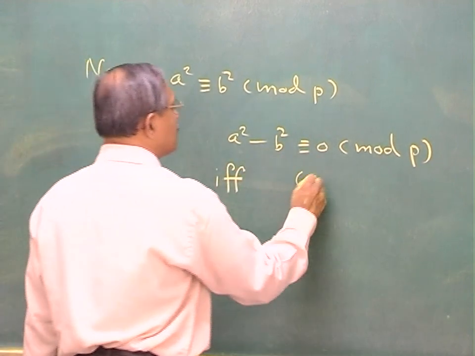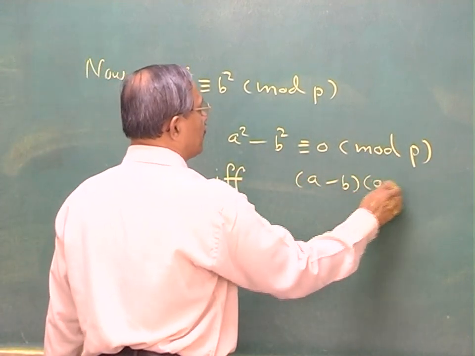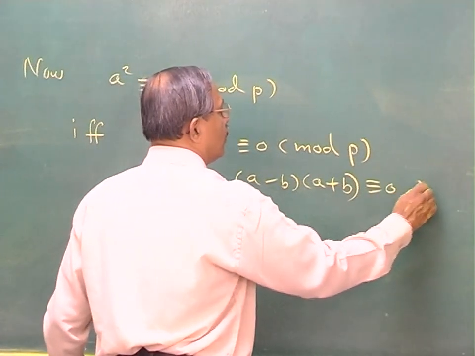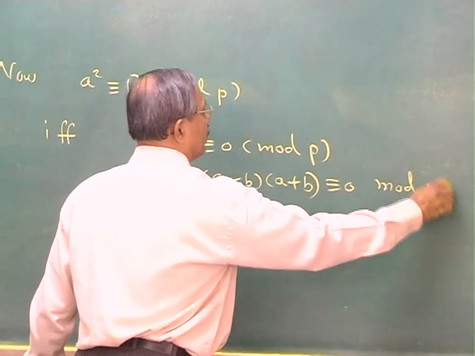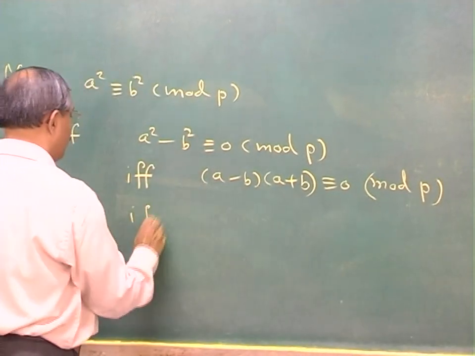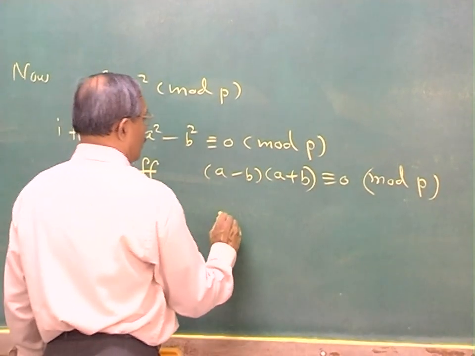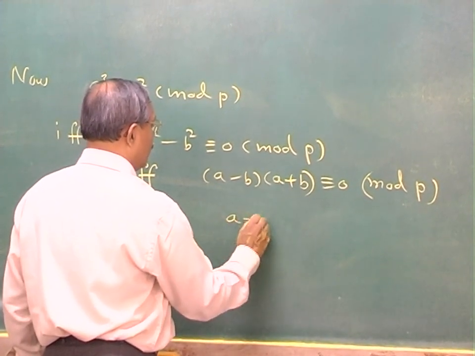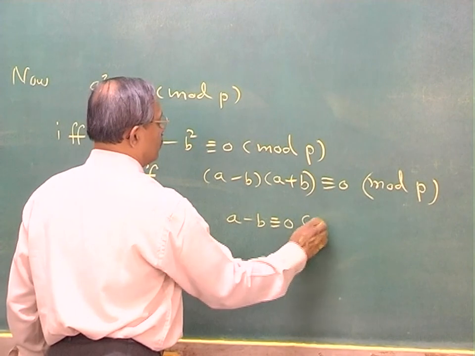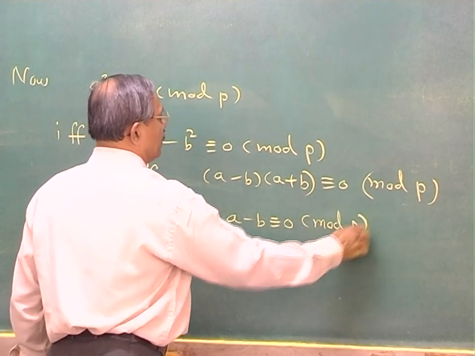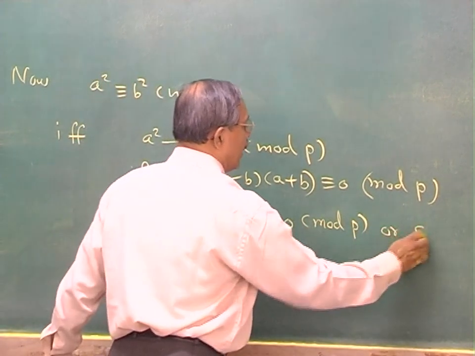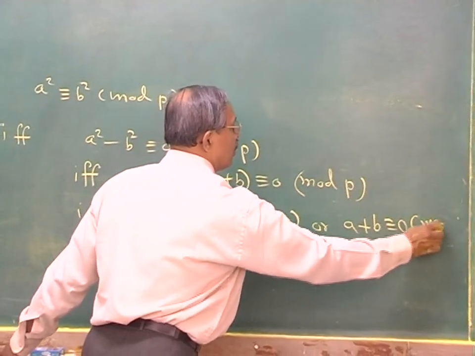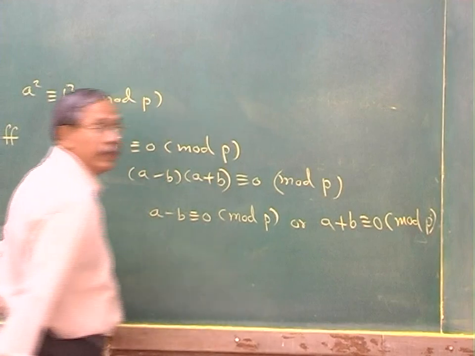So we can factorize this: a minus b times a plus b is congruent to 0 mod p if and only if the first thing is 0 mod p or the second thing is 0 mod p. That is, if and only if a minus b congruent to 0 mod p or a plus b congruent to 0 mod p.